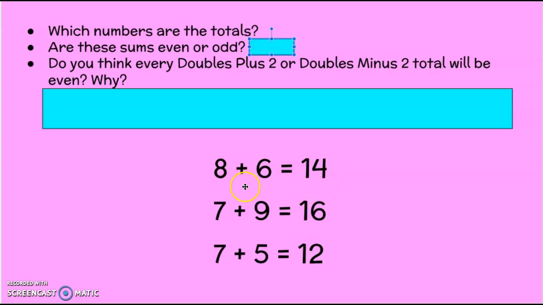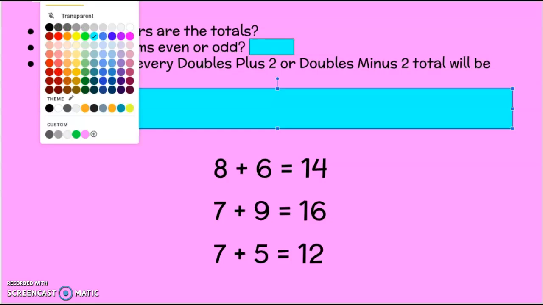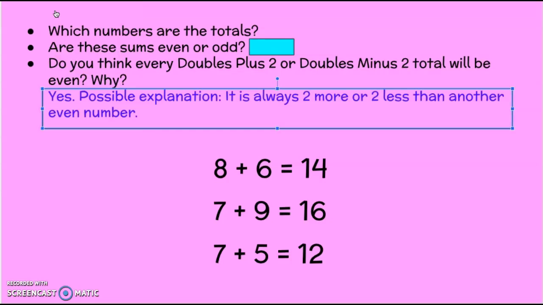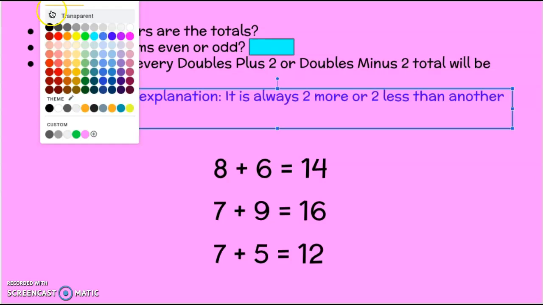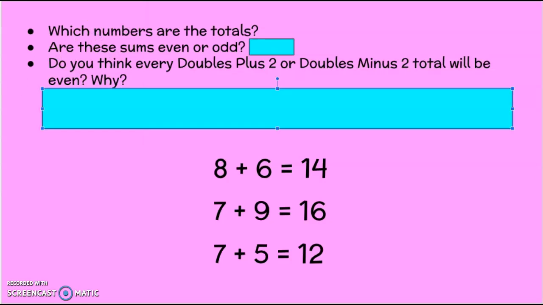These are 2 numbers apart, but it's really like 8 plus 8 minus 2, or 6 plus 6 plus 2. And so when we get 2 more, we get that even number still, right? It's always 2 more or 2 less than another even number. So, and 2 is even. So it starts right back at an even number.